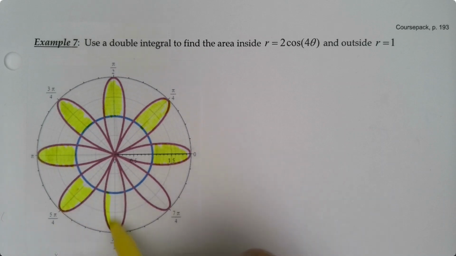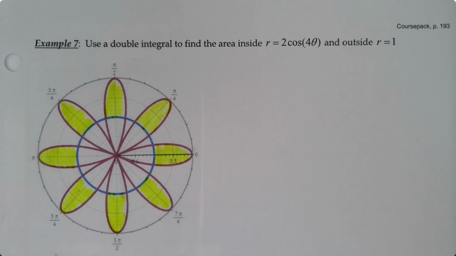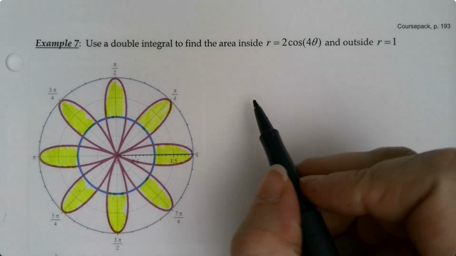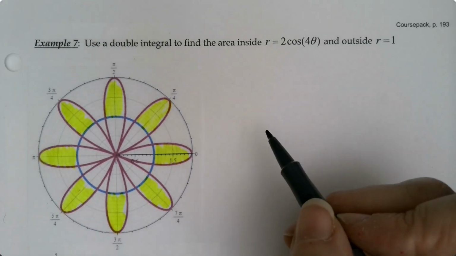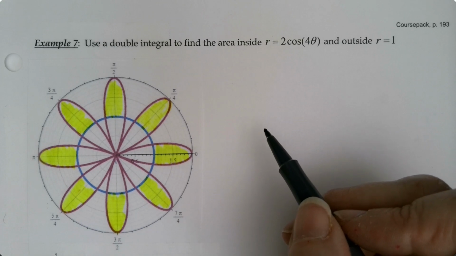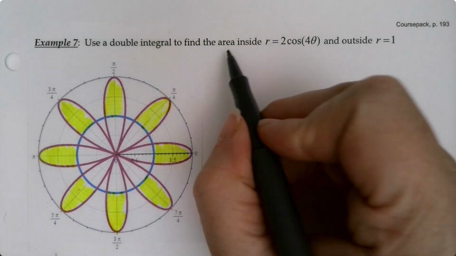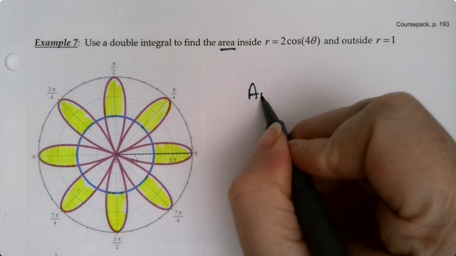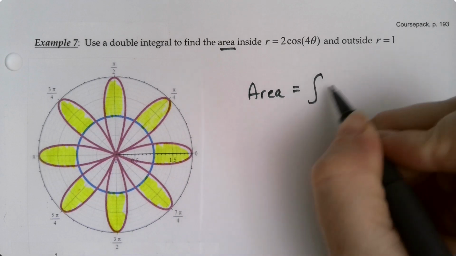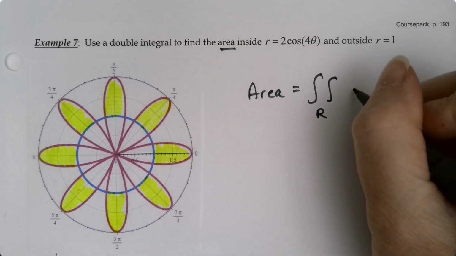So we're not even interested in a three-dimensional object above this, right? If we're going to find area, then we know that the integrand is 1. So this is going to be a little bit simpler if we are smart about this. Okay, so let's first think about area. So if we want to find the area, that is the double integral over the region of 1.